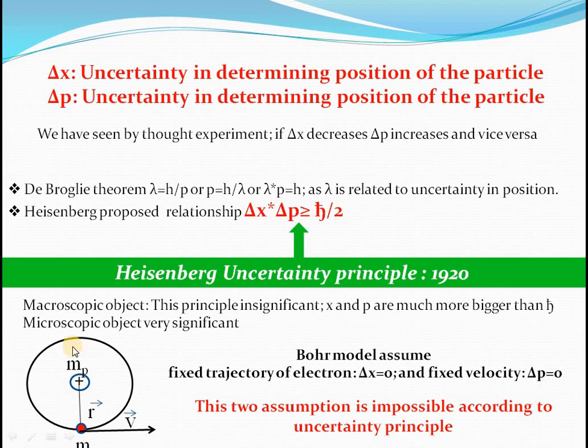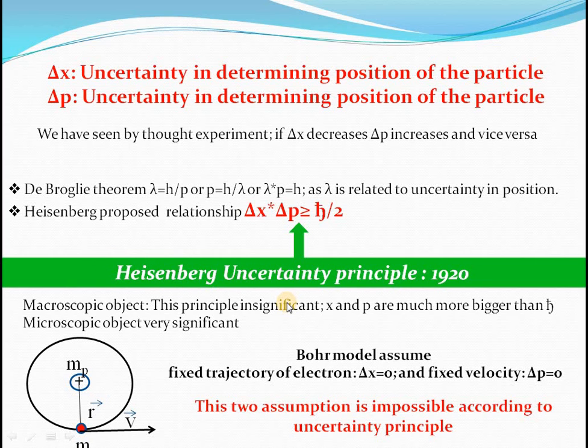So this is the first drawback observed: the Bohr model cannot satisfy the Heisenberg uncertainty principle. To satisfy it, we need a better quantum mechanical model.